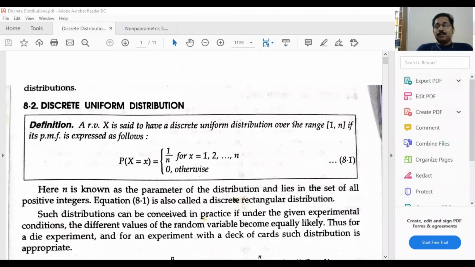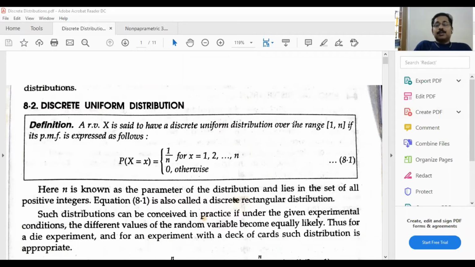That means suppose x is 0, what about the probability? Probability is 0. So this distribution is defined for finite numbers x equal to 1 up to n, and its value is 1 by n. This distribution is called uniform distribution or rectangular distribution.